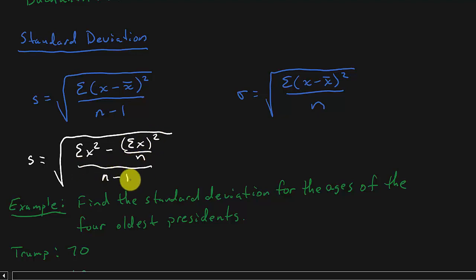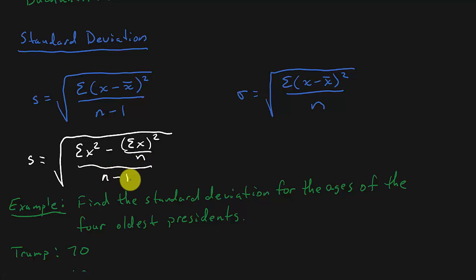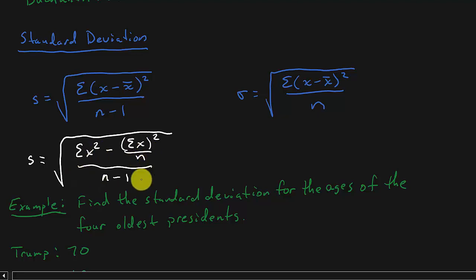There's another textbook I've seen where the formula is different. They basically multiply numerator and denominator by n, and have an n here, nothing here, and then n times n minus 1 here. And they all give you the same answer.